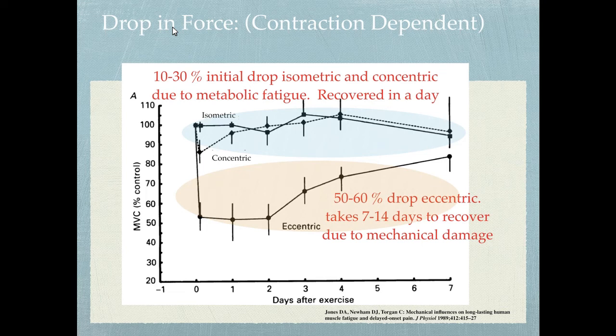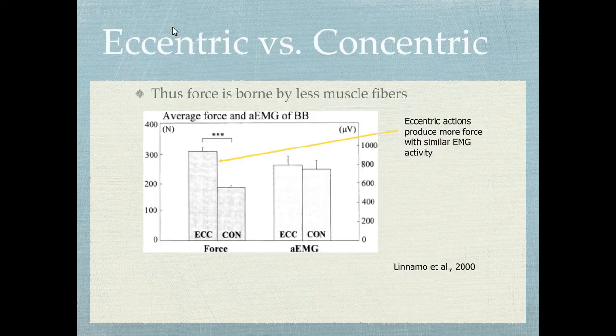So that suggests that eccentric might lead to more mechanical damage. Why is this the case? Well, if we look here, this is looking at force output and electromyography. An eccentric contraction can generate more force output than a concentric. However, if you compare maximal eccentric versus maximal concentric, you'll notice that the activity in the muscle is around the same.